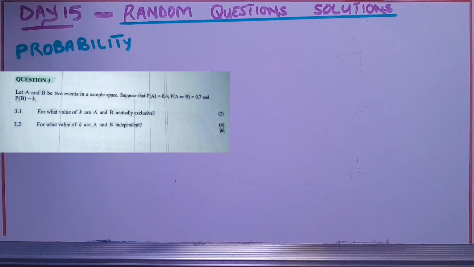So for the first question, we are having this question shown here. It is saying let A and B be two events in a sample space, right?